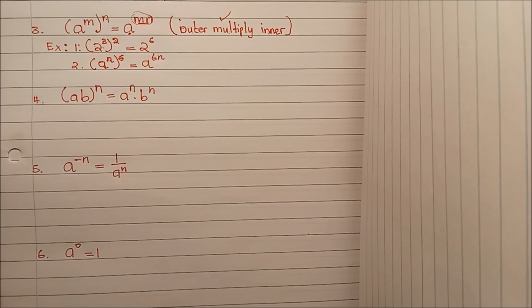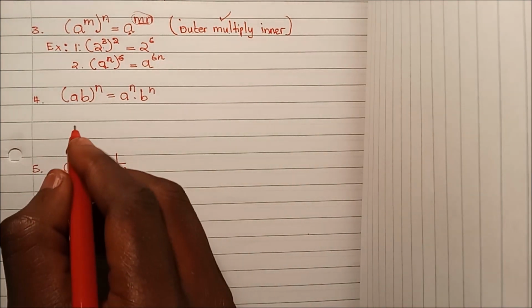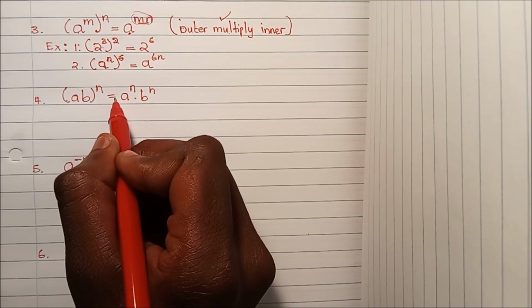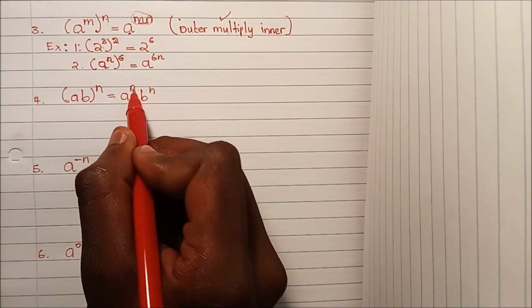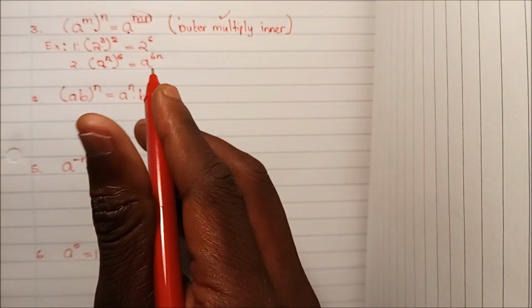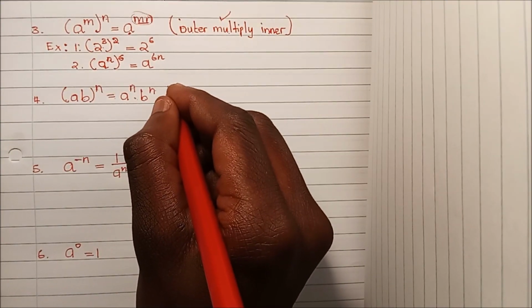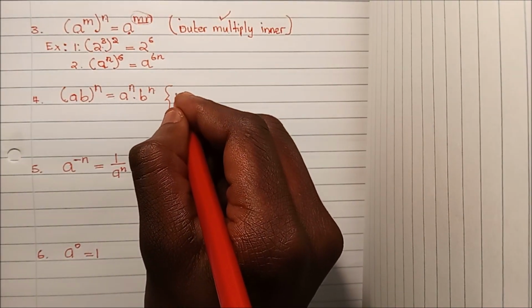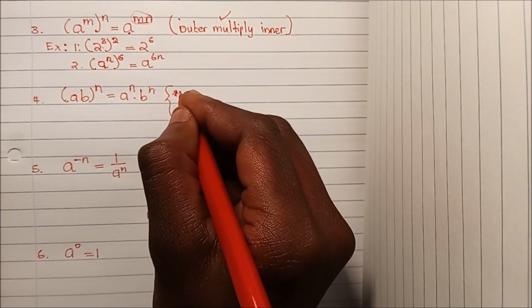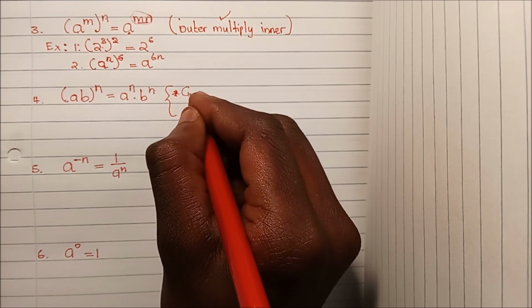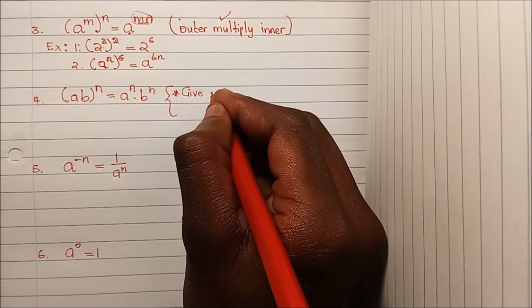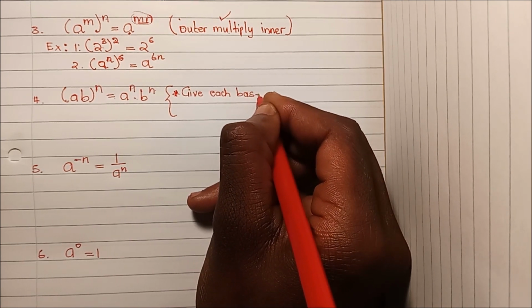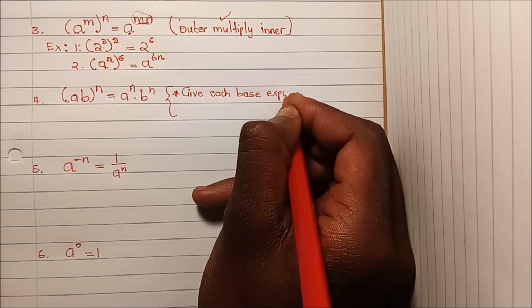So now let's look at the second law. This is a, b to the exponent of n is equals to a to the power of n multiplied by b to the exponent of n. So now here I'm going to give you a hint of what happened. Always when we're dealing with the laws of exponents, you must give each base an exponent.